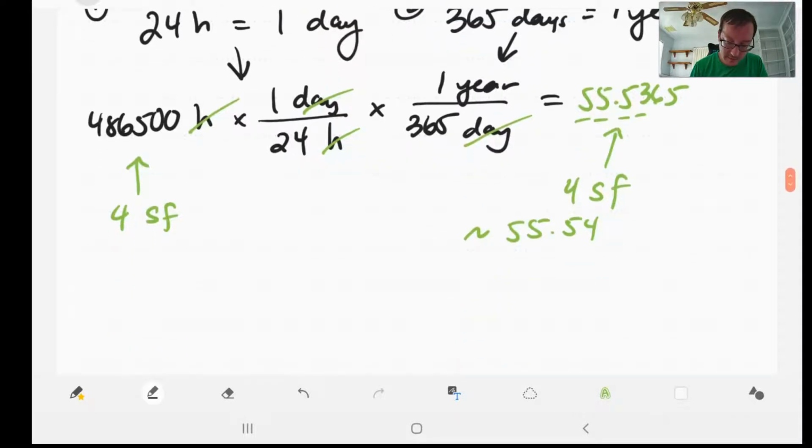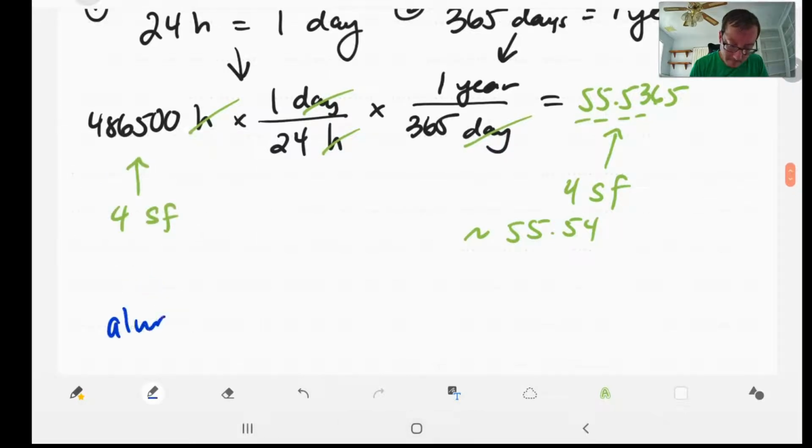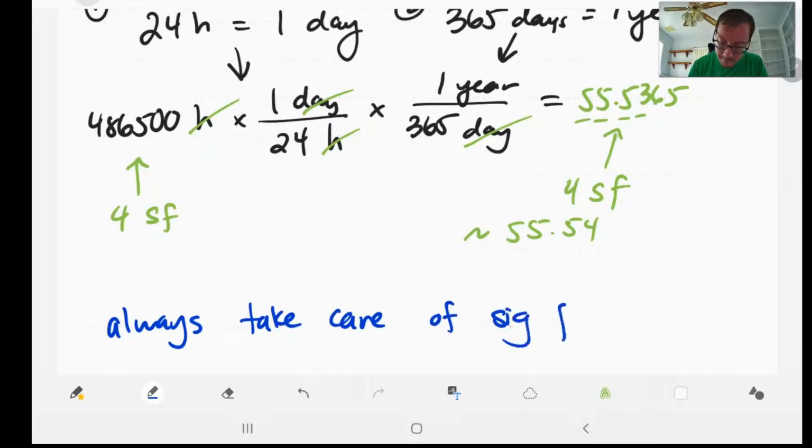I'll write that down just in case as well. So we're always going to take care of sig figs in everything that we do in this class that involves measurements of any sort.